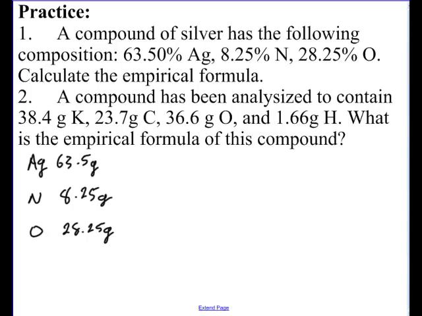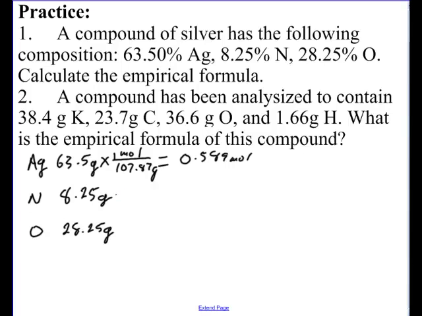What do I do next? Well, I find moles, and we're very good at finding moles. So 1 mole of silver weighs 107.87 grams, and that equals 0.589 moles.